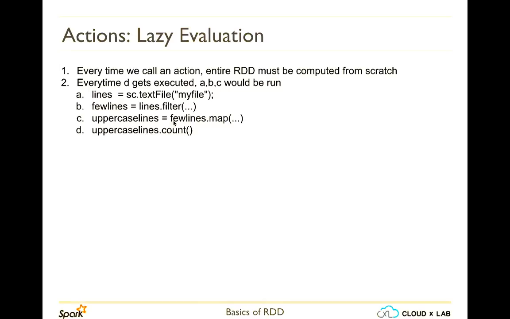Uppercase lines is after few lines.map to uppercase. So when we call this uppercase lines.count, it needs to evaluate this, which needs to evaluate this, which needs to evaluate this, and which needs to load the data from here, right? So all of these A, B, and C will be executed when we run D, okay?